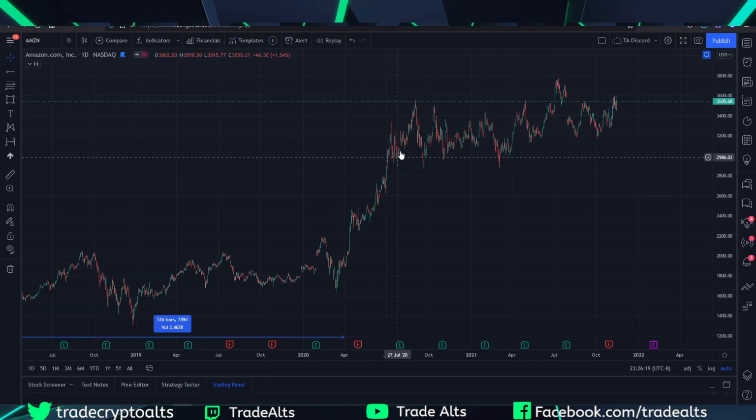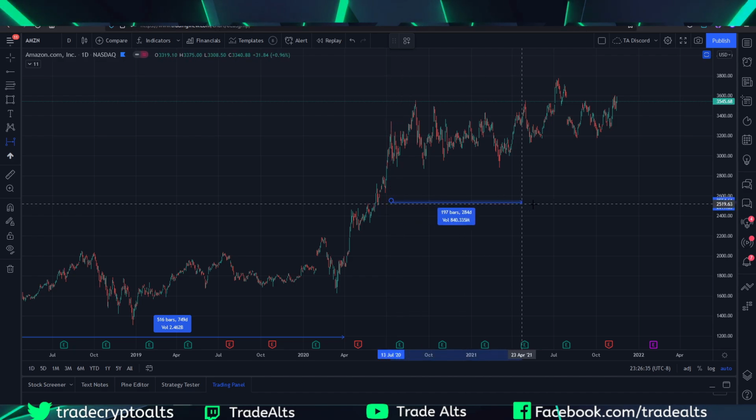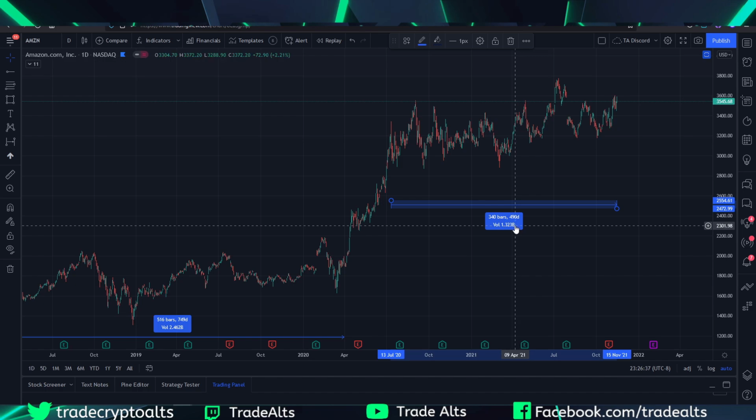See this impulsive move? So very strong trend to the upside, marks a high, and then retraces, and here you go. So you start to form this range. Which, I would say it probably starts here, but until here, another 490-day range.